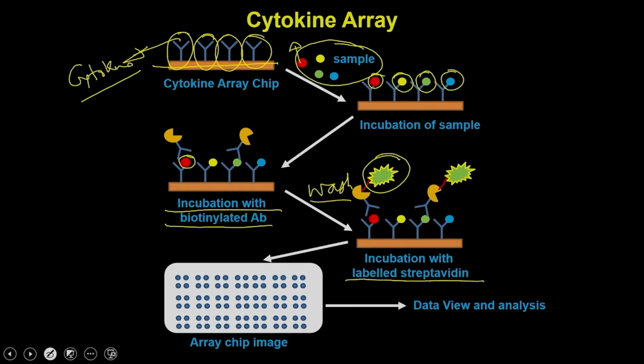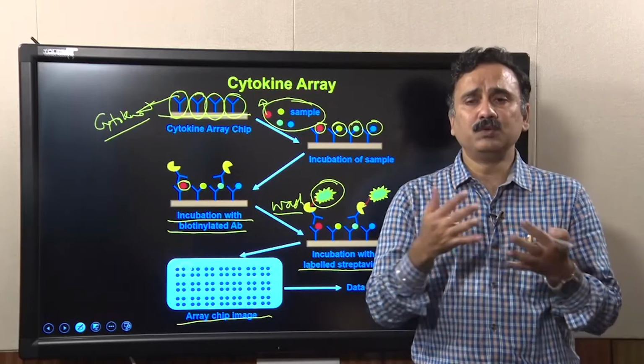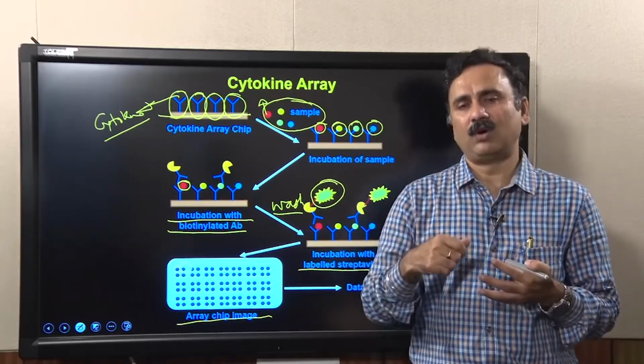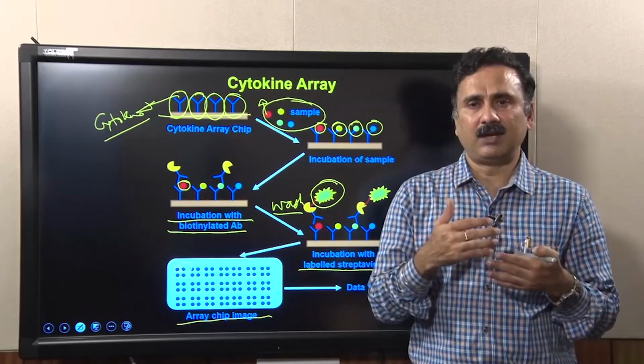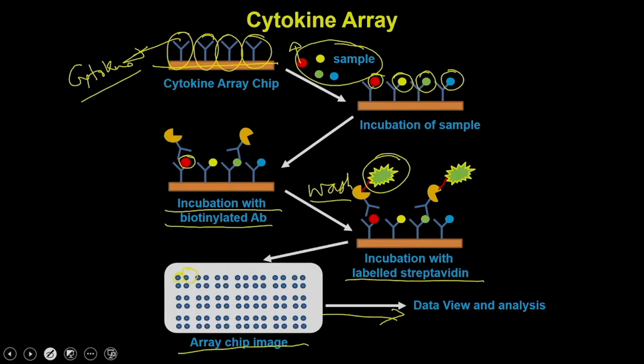What you are going to see on the array chip are the individual spots glowing up after the reactions. They will give you either a fluorescence signal or a chemiluminescence signal. In some cases you can also use X-ray films to acquire the data from these cytokine array chips. Ultimately, you can just capture the image and analyze the signal.